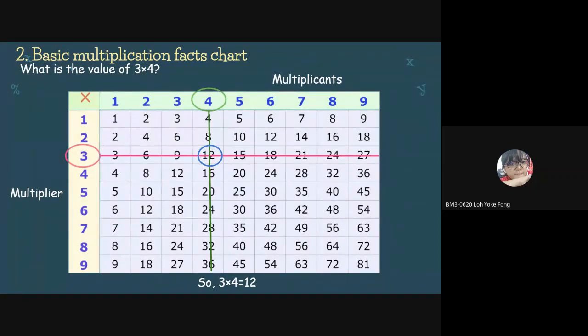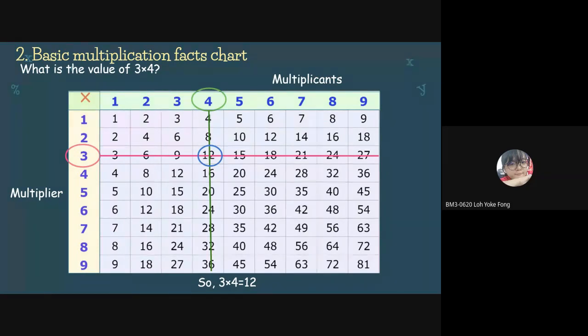Jing. Okay, then next we see the basic multiplication fact chart. As you can see in the table there, the teacher can use these charts in the classroom to help students memorize the multiplications.